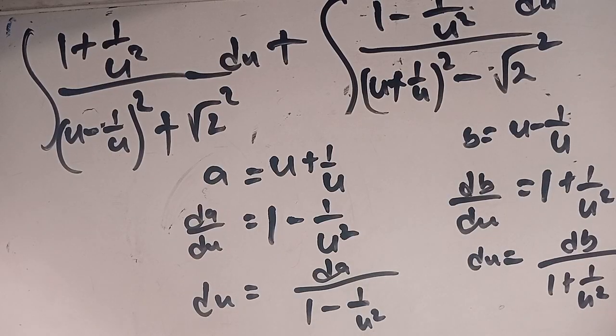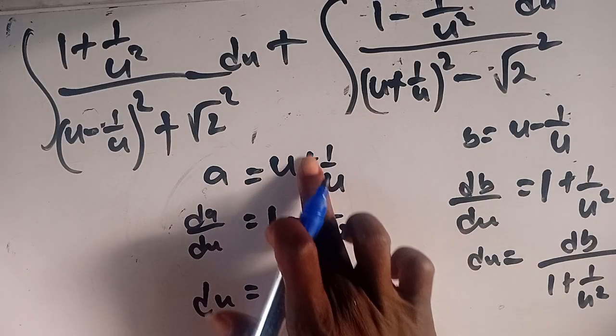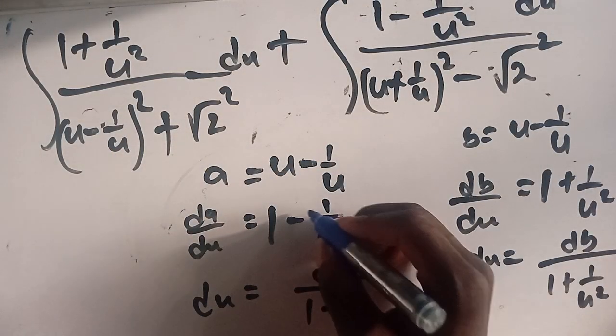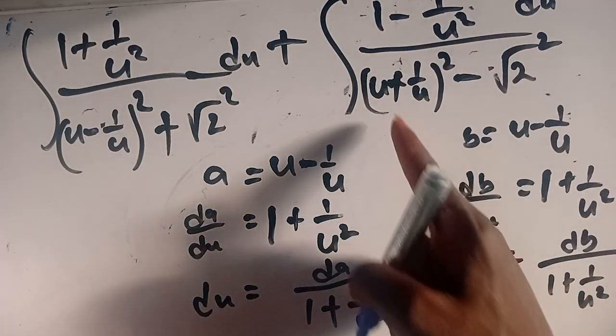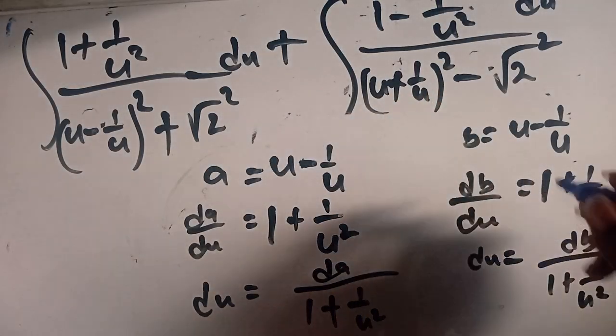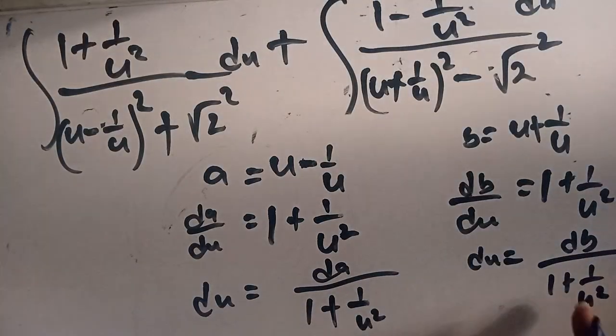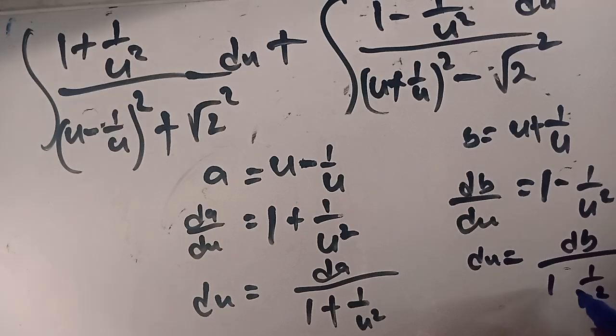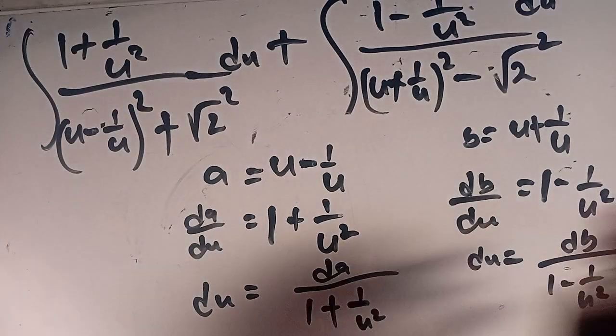So this is minus. This is the one we are using now. If you differentiate now, this will be plus, since I changed this earlier. Then since we differentiate, this will be minus minus. I changed it earlier.